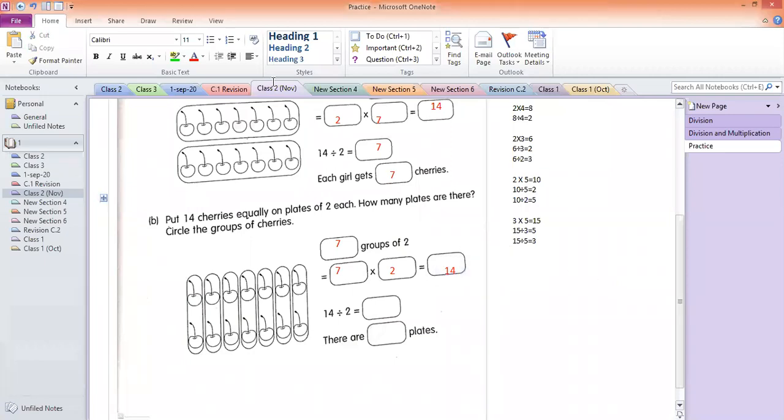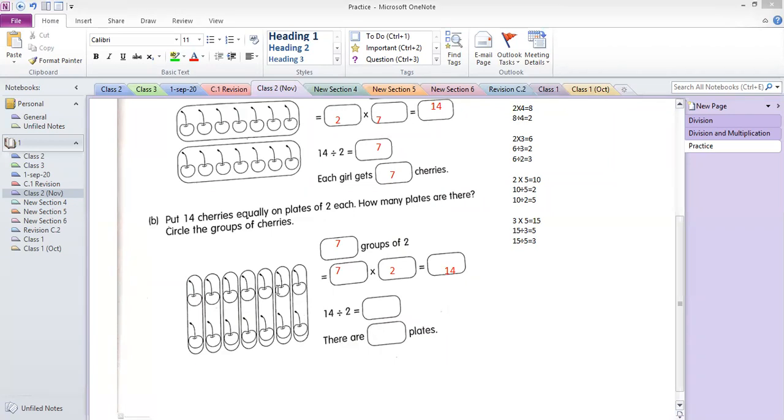Now, the question is asking how many plates are there? So you know that there are 7 groups of 2 and you know that there are 2 cherries in one group.